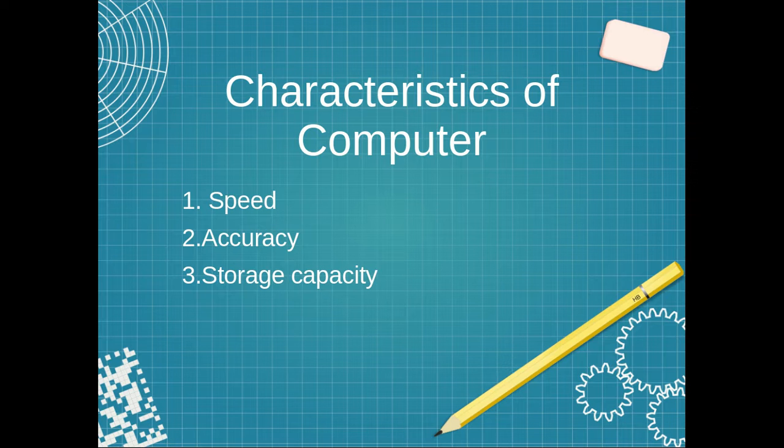The next characteristic of a computer is versatility. Versatility means nothing but performing different tasks at the same time. For example, while you are typing anything on the computer, you can play music in the background, or when you are playing any game, along with the game you can open any other software and work with that also.